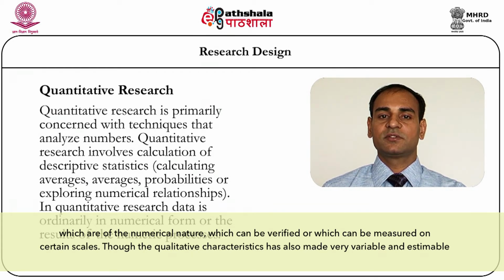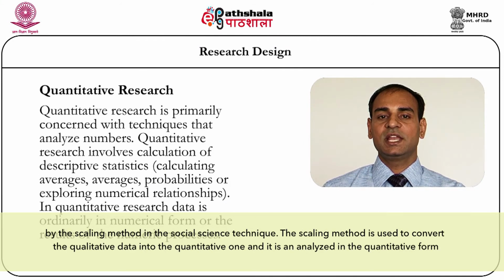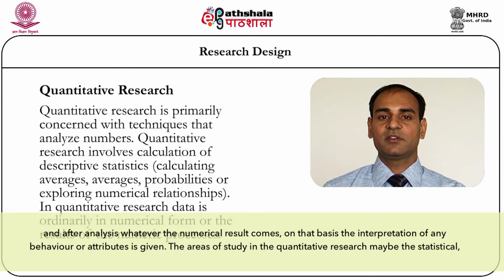Though the qualitative characteristics have also been made variable and estimable by the scaling method in social science techniques. The scaling method is used to convert the qualitative data into quantitative data, and it is analyzed in quantitative form, and after analysis, whatever numerical result comes, on that basis the interpretation of any behavior or attributes is given.